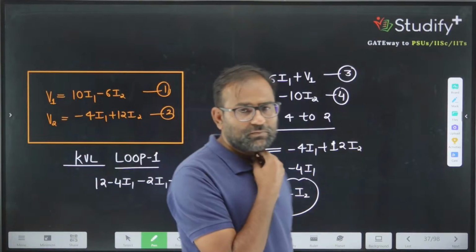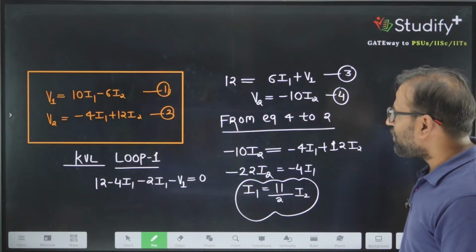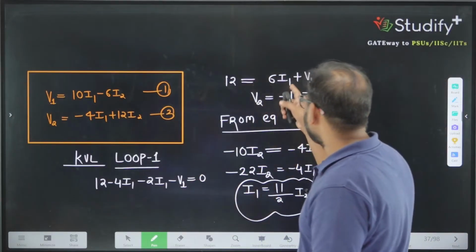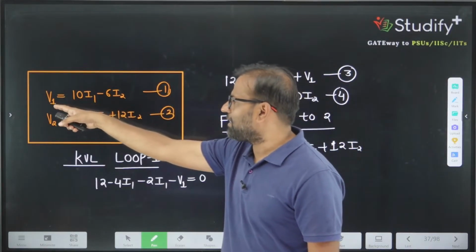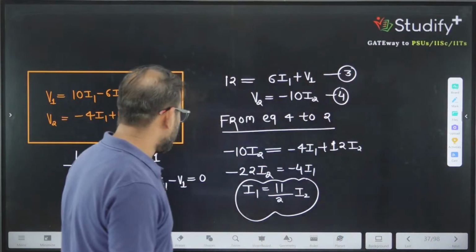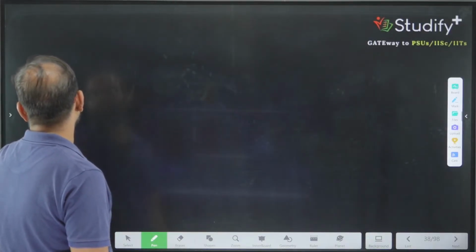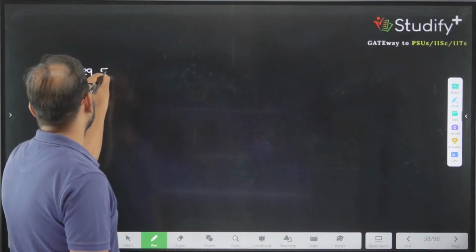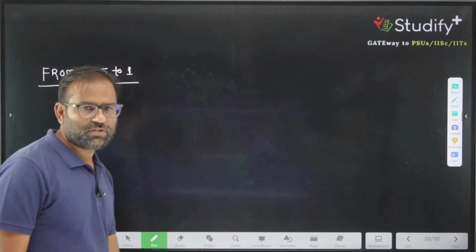Correct. Now what else? If we know the relationship between I1 and I2, we can put this relationship here, so we can calculate V1 in terms of I1 and V1 in terms of I2 also. So from equation number 5 to equation number 1, we are solving these two equations, 5 and 1.